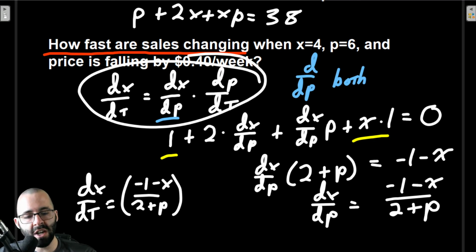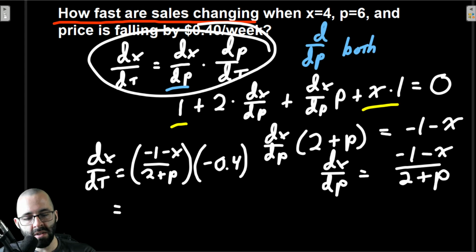How is price changing over time? It's falling by 40 cents a week. That's a negative rate of change of $0.4. And specifically now we want to know, how is this thing changing when x is 4, p is 6, and the other thing is the case as well. So just plug in x equals 4 and p equals 6 and you'll get your answer.